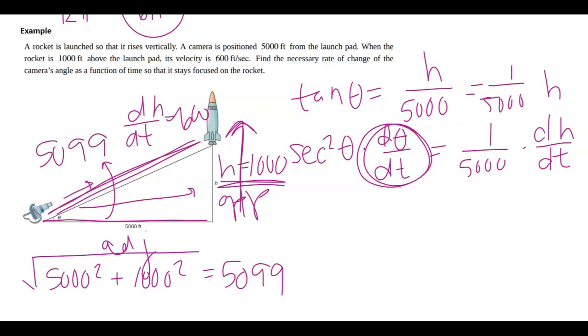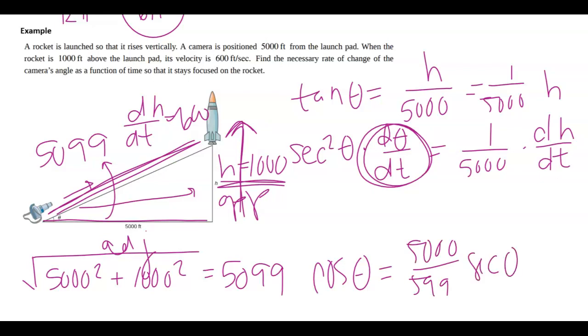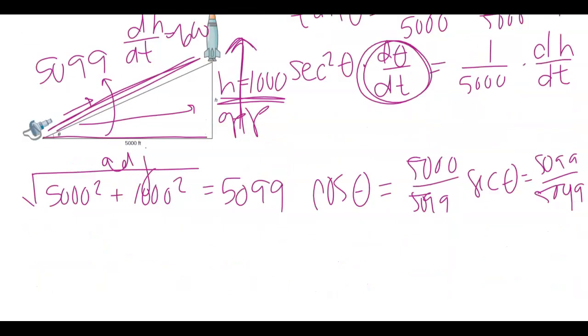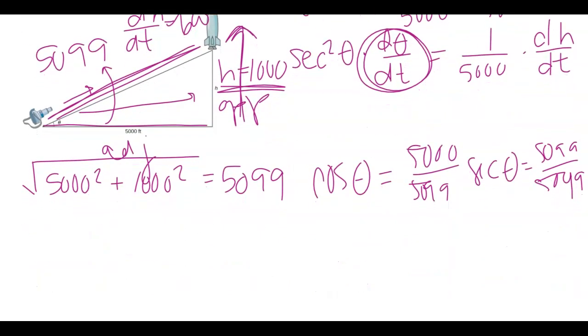So let's look at what the secant then would be. So cosine of that theta angle would be adjacent over hypotenuse. So secant would be the reciprocal of that. And then I need to square it. All right, so let's go ahead and plug that information in.